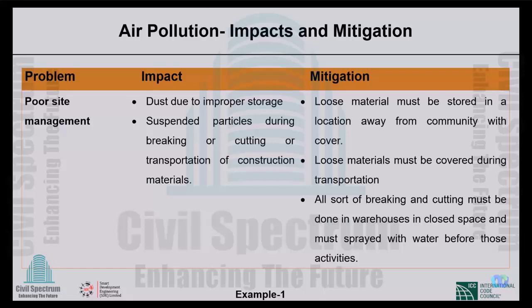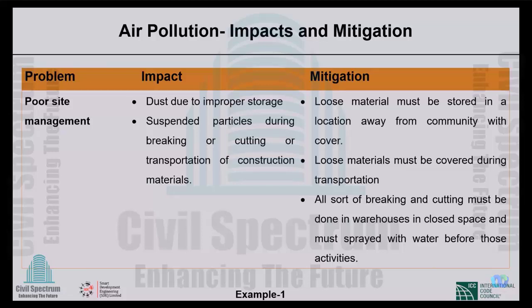If there is air pollution, there will be dust, and then breathing problems for the nearby community. They are very closely packed houses. The children and surrounding people will inhale the suspended particles, and finally respiratory problems will come.